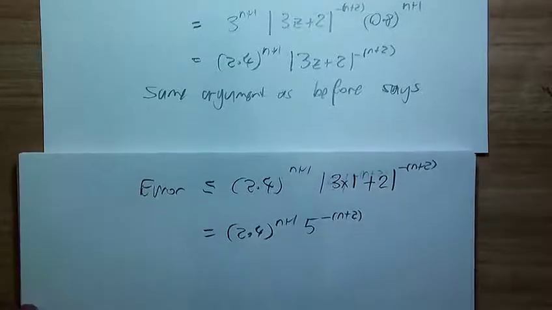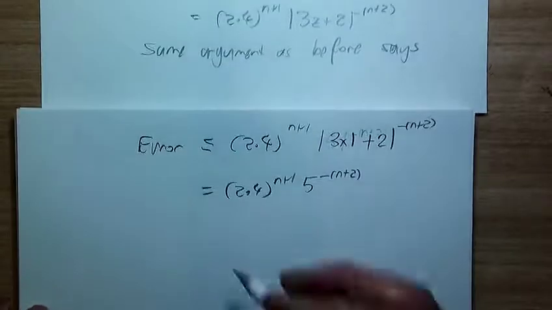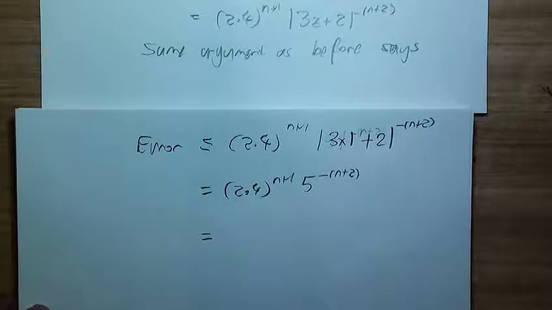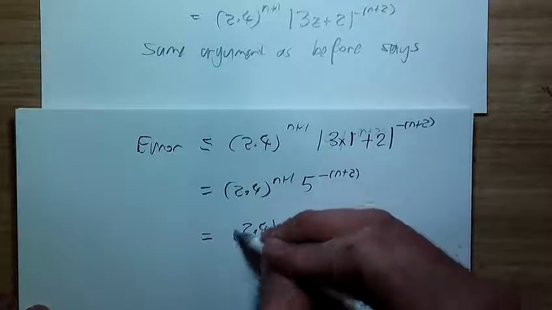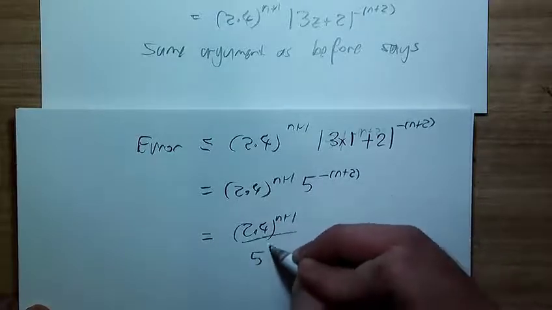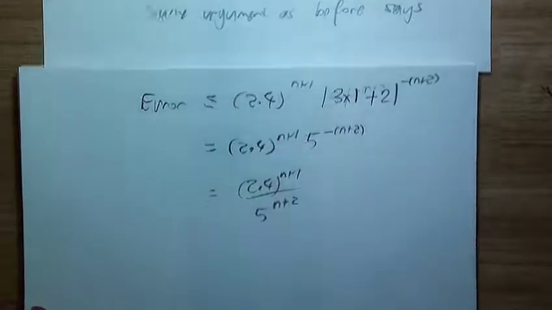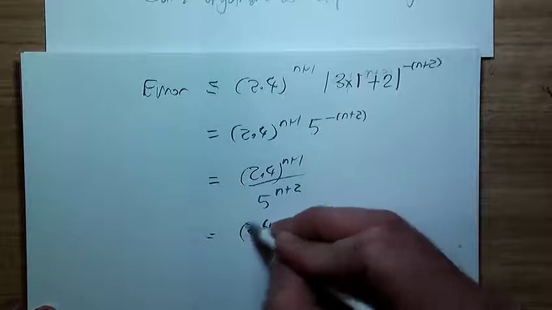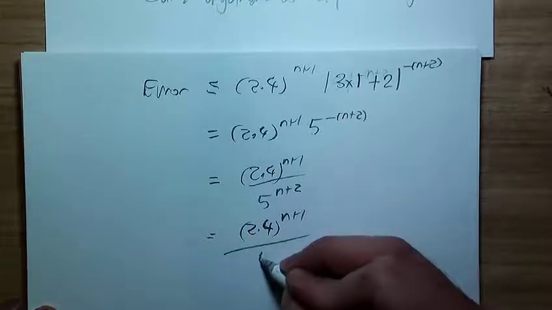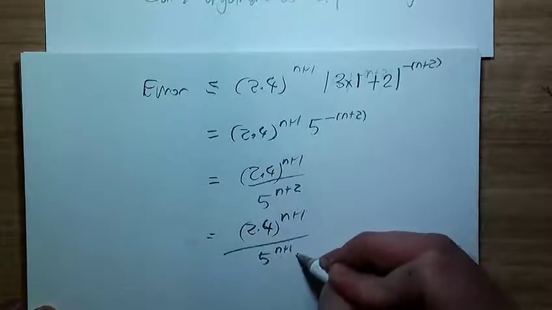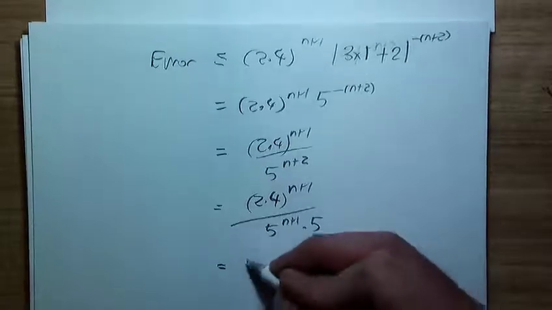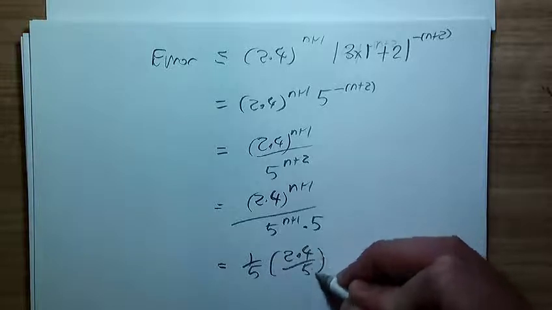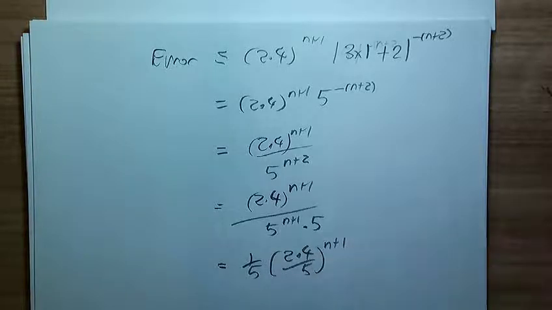This is where it would actually be quite useful to try and lump this together somehow. So if I take one of those 5s off, I'm going to get that.